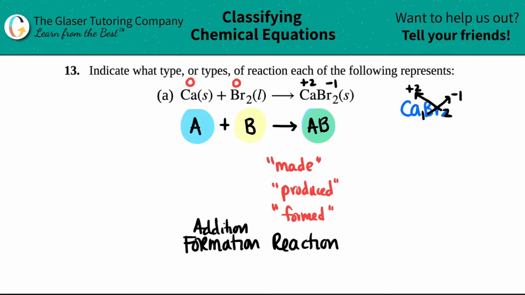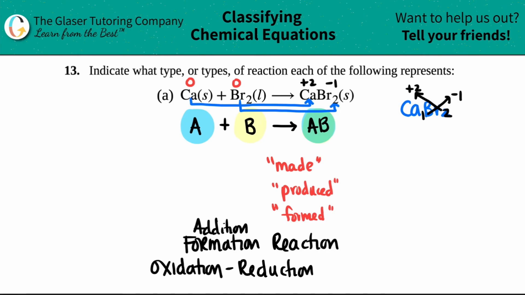So it looks like these changed charges. They changed oxidation states. Calcium went from 0 to +2, and bromine went from 0 to -1. Anytime you change a charge for a single element, it is automatically also called an oxidation-reduction reaction.